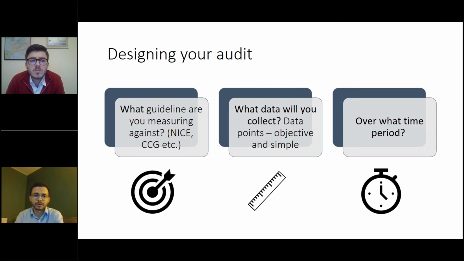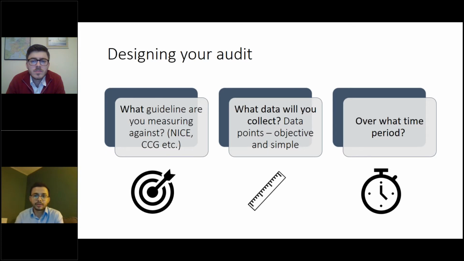After you've thought of a topic, the next step will be to develop an aim for your audit. So what are you aiming to do with your audit? And again, this will be quite broad as well. So in our example, your aim might be to increase compliance with VTE prophylaxis guidelines, for example.